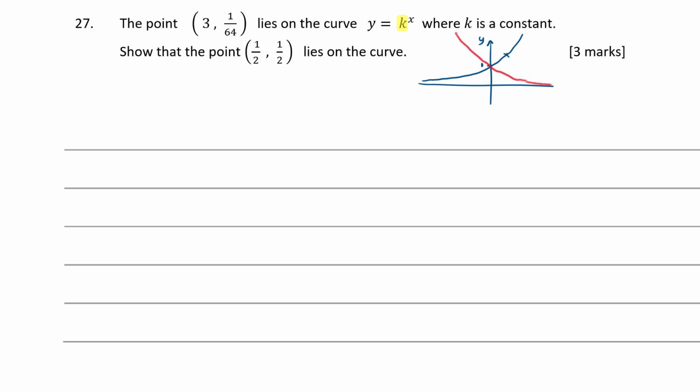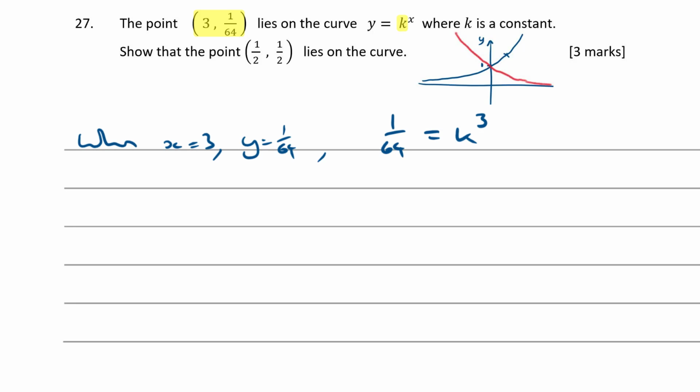Okay, let's see if we can evaluate what k is anyway. We know we've been given a point which lies on the line. We know that when x is 3, y is 1/64. So subbing that in, 1/64 is equal to k to the power of x, which is 3.